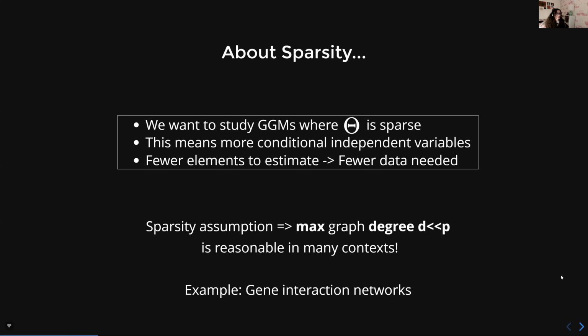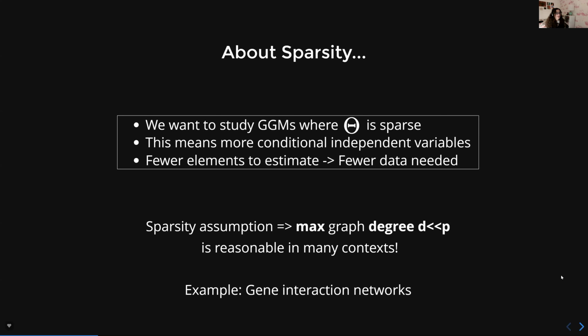And the advantage of this is that when we have fewer elements to estimate, we also need fewer data. Now, the sparsity assumption implies that the maximum degree of our graph is smaller than the number of features, because not all the variables are expected to be connected to the others. So because the variables are nodes, the degree cannot be P, so much smaller than P actually.